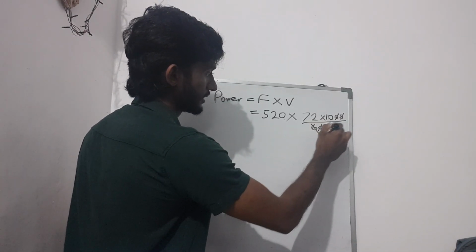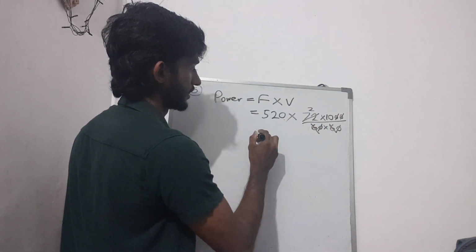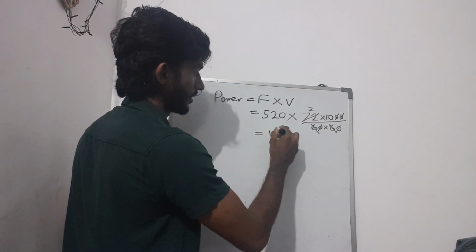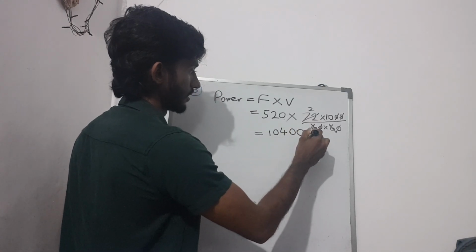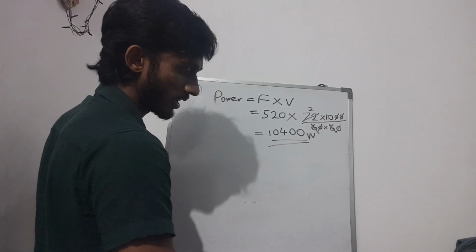Six 36 into 20 gives 104 watt. That's the answer.